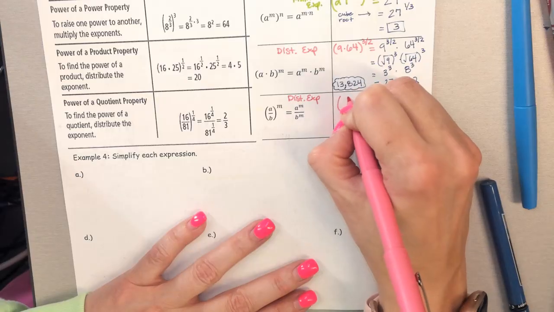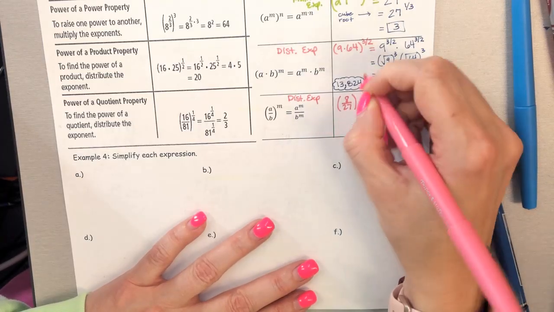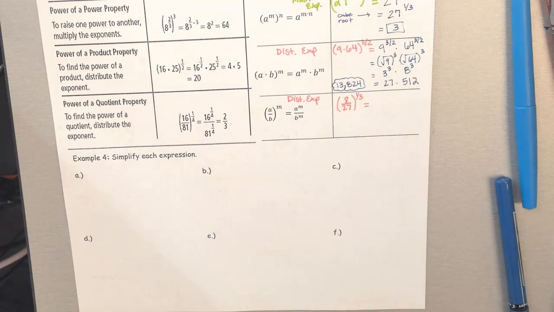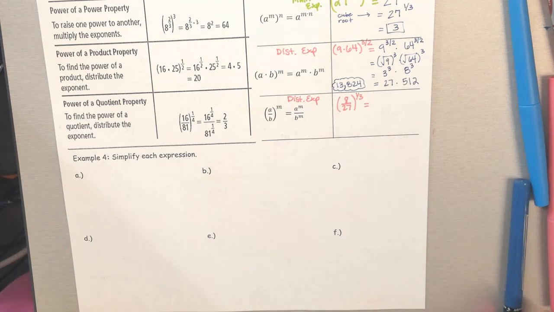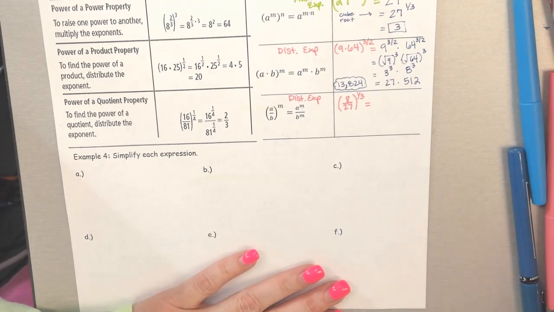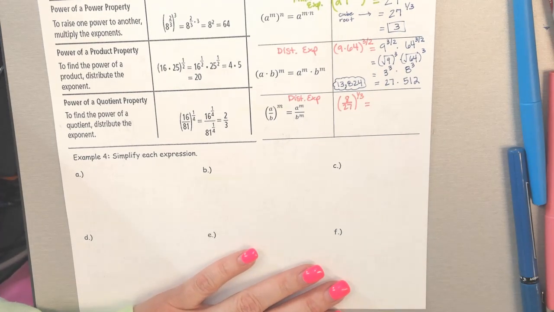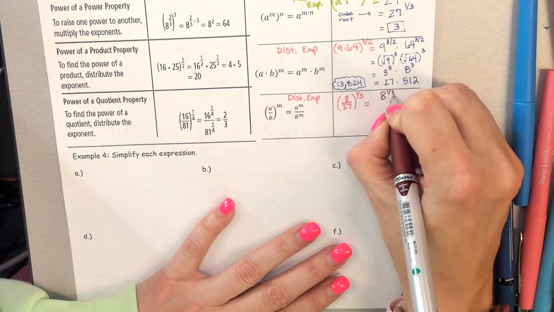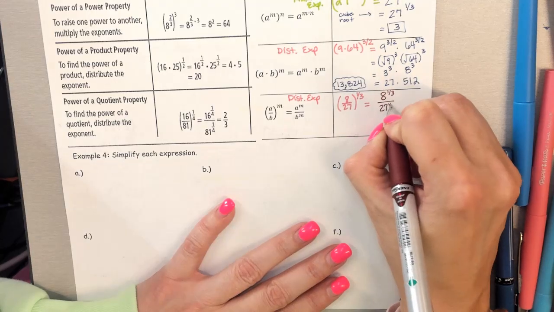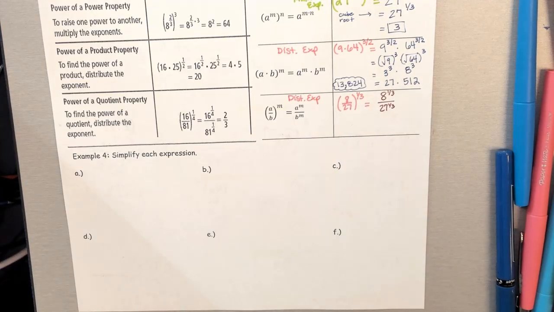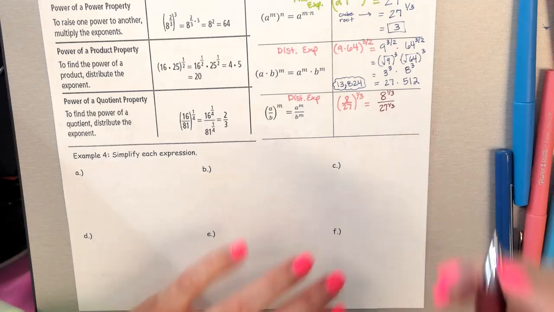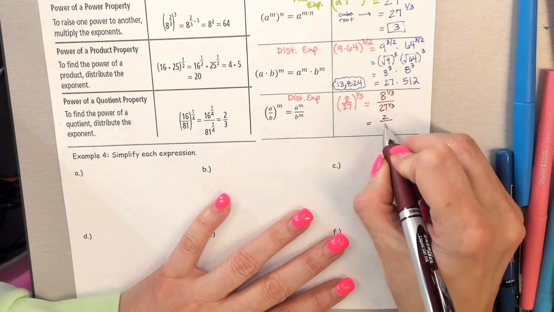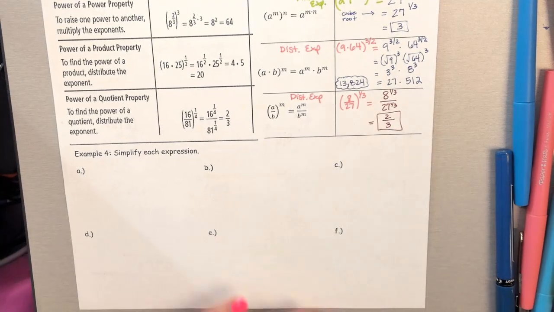So if you have 8 over 27 to the 1/3 power, that would be equivalent to doing 8 to the 1/3 over 27 to the 1/3. And remember, the 1/3 power means the cube root. So what's the cube root of 8? 2. Cube root of 27? 3. So that would be your final answer.